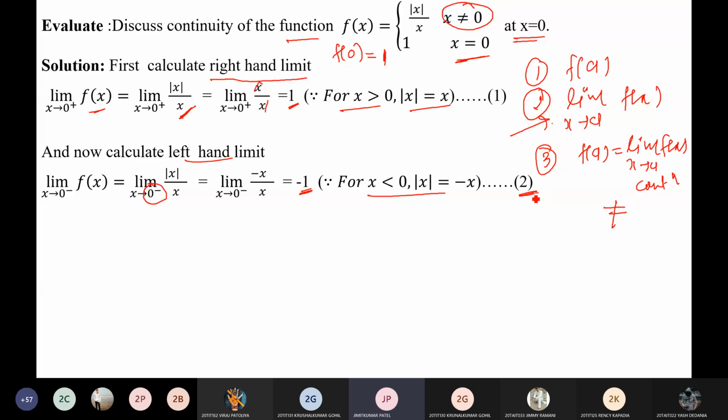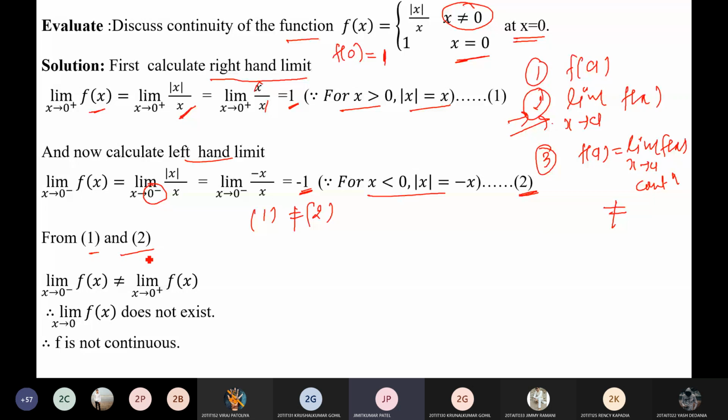This is equation 2. So what is the conclusion? 1 is not equal to 2. That means the left hand limit and right hand limit are not equal, so we cannot find step number 2, and we can say that it is a discontinuous function.